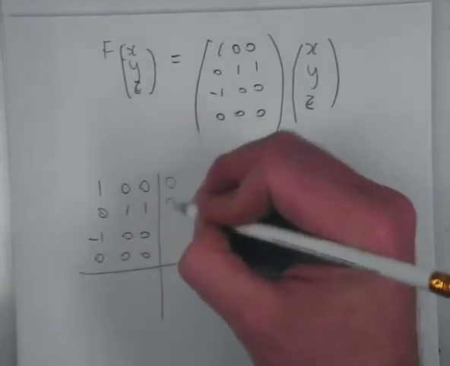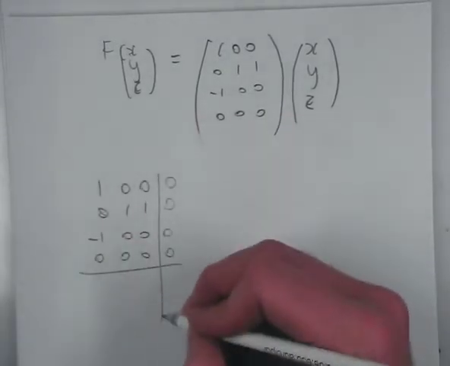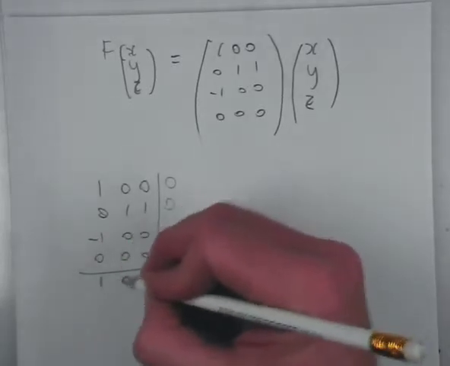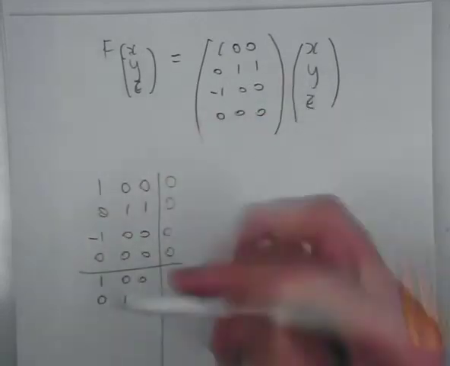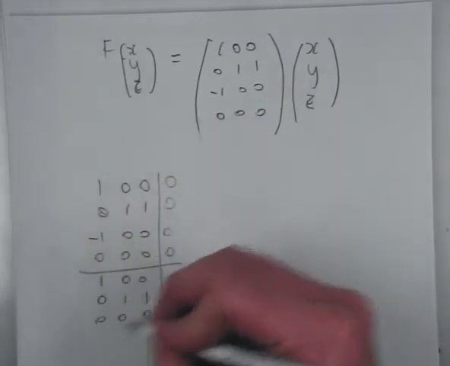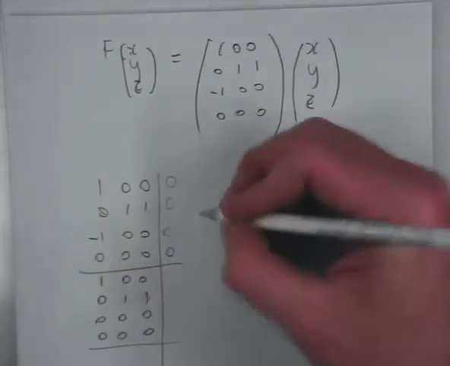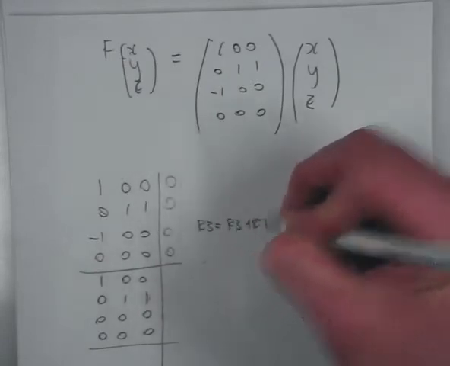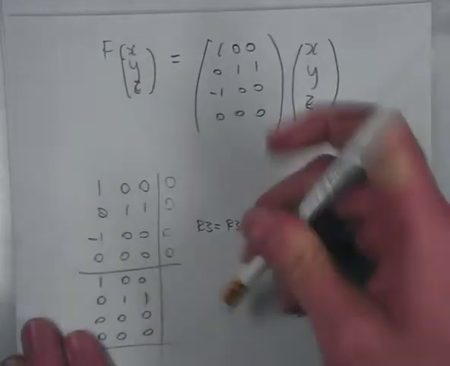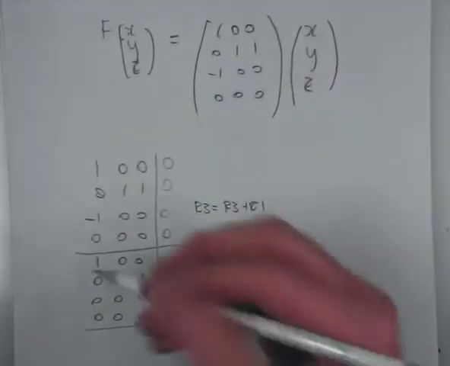So technically there's zeros here, but you don't need them. So I can do a single row operation to finish this off. Awesome. My new row 3 is row 3 plus row 1. And so here are my pivot columns.